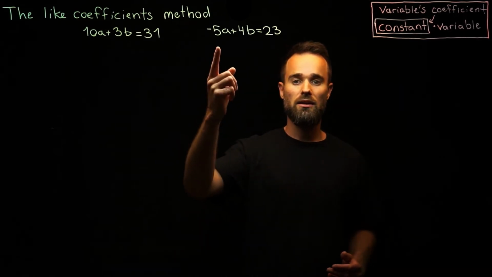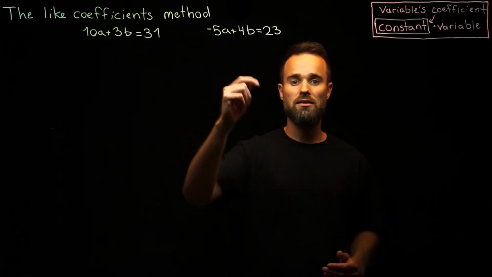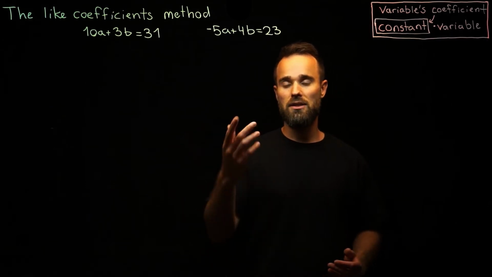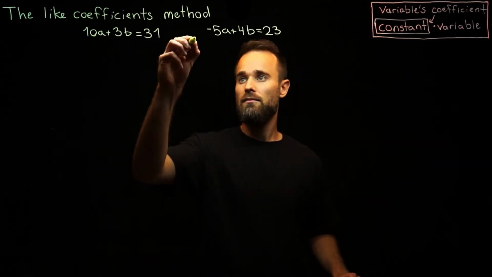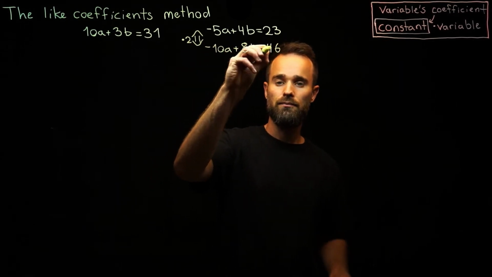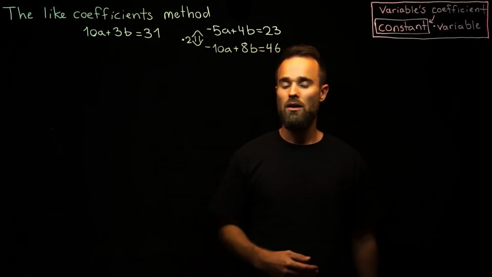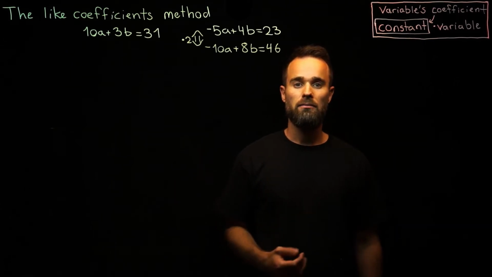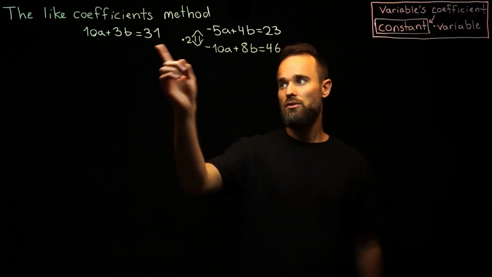If we multiply the second equation by 2 on both sides, a's coefficient becomes negative 10. We can eliminate a by adding the second equation to the first.